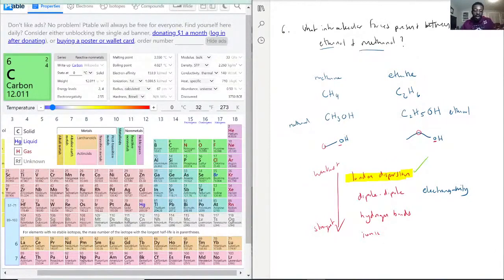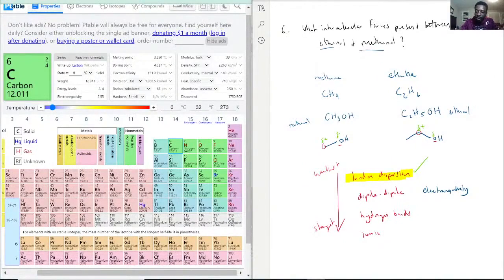If you compare carbon and oxygen, the cutoff for polarity is 0.4 difference of electronegativity. Oxygen is 3.44, carbon is 2.55, so 3.44 minus 2.55, we have 0.89 difference. So this is going to have a positive polarity on the carbon, and a negative on the oxygen. Same with here.